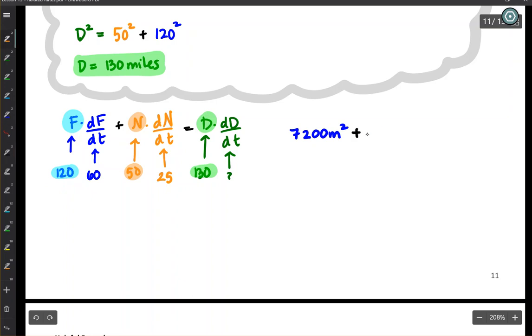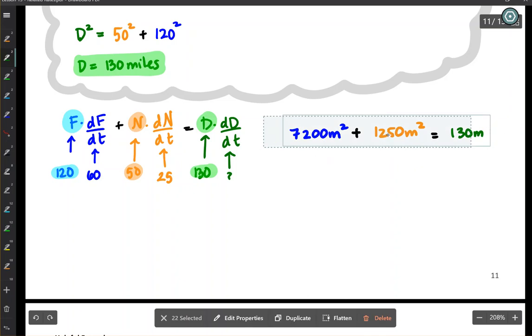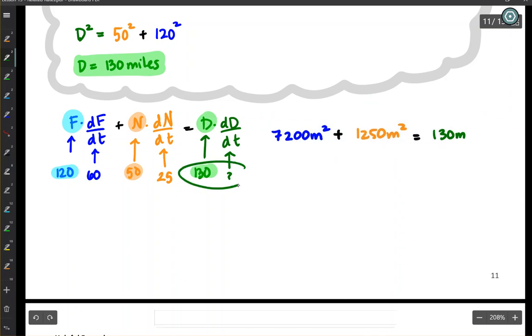Plus your 50 miles times your 25 miles is 1,250 miles squared is equal to 130 miles times the thing I'm looking for, 130 miles times d dt, or d prime.